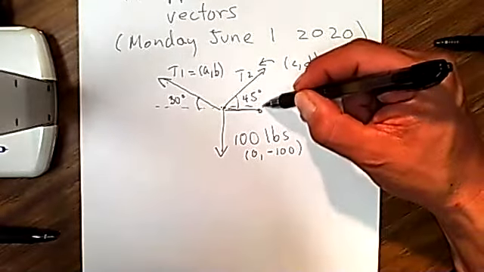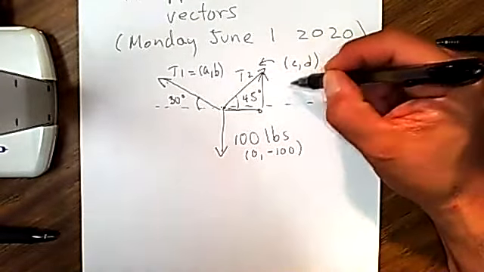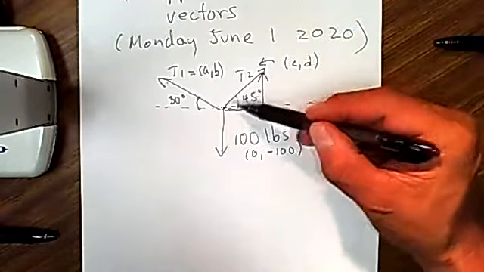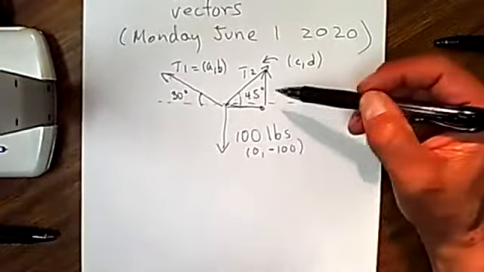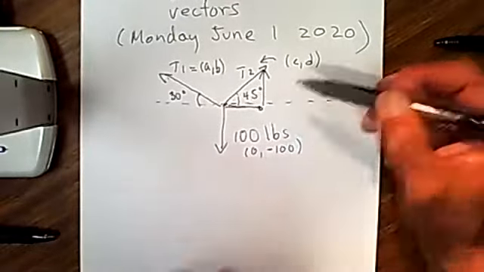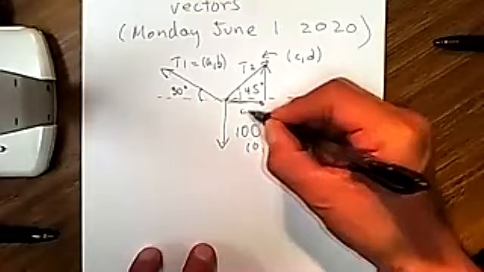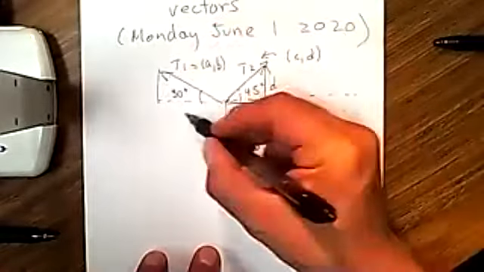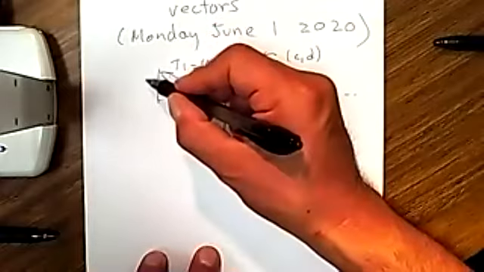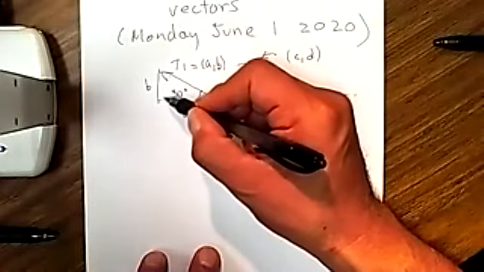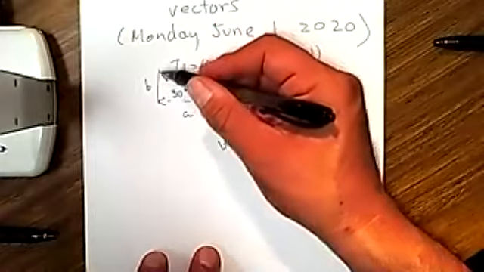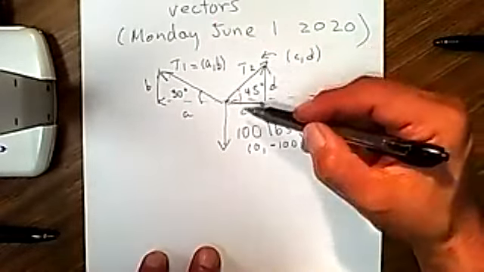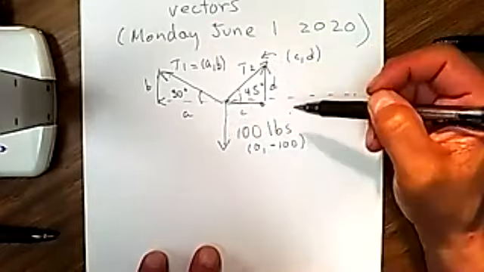And then we can go up 0, comma, D, and so we can break this into two vectors. Or we can just think of them as the coordinates. So the coordinate here is C, coordinate there is D. Similarly here to the left, this is A, and that would be B. So A is pointing to the left, B is pointing up, C is pointing to the right, D is pointing up, and then we have this pointing down.